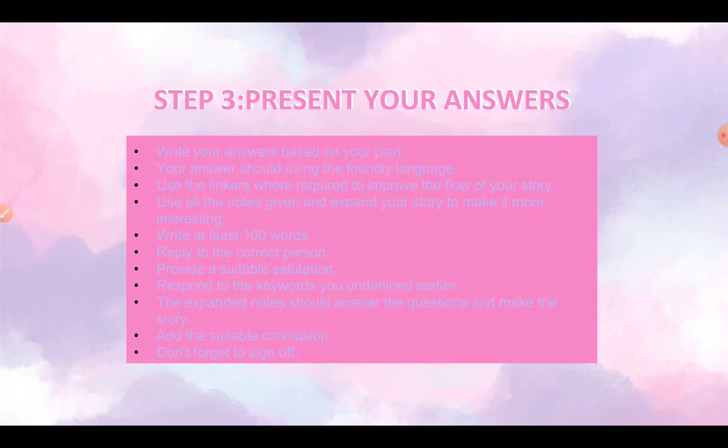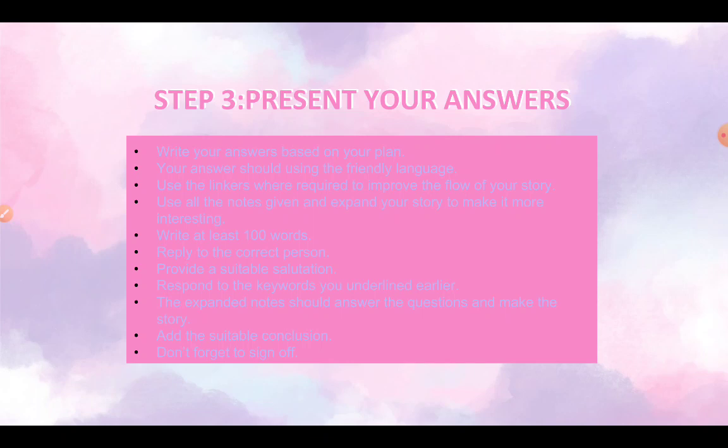Your answer should use friendly language. Use linkers where required to improve the flow of your story. Also, please use all the notes given and expand your story to make it more interesting. You have to write at least 100 words.